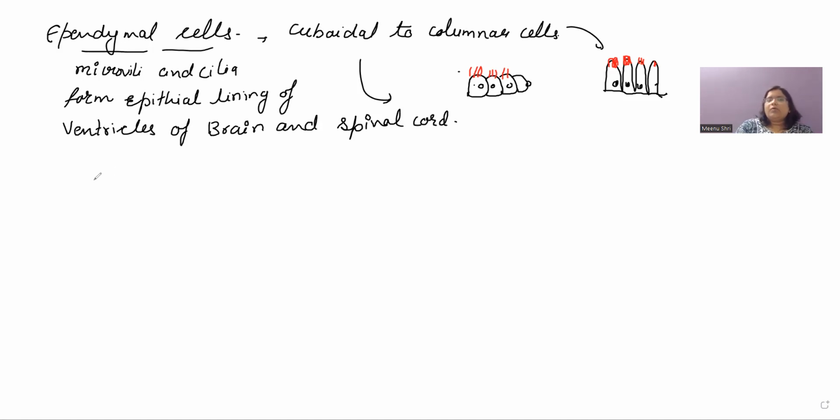That epithelial lining is formed by ependymal cells, and that epithelial lining is termed ependyma.